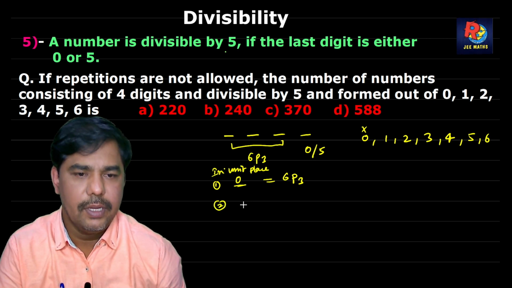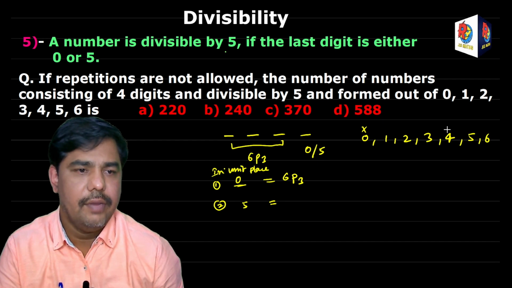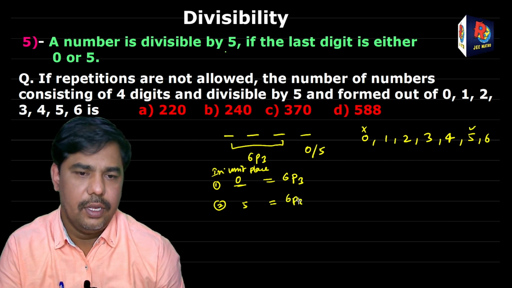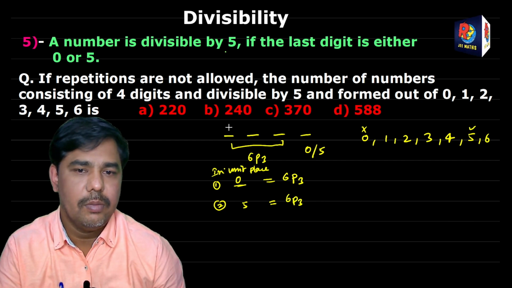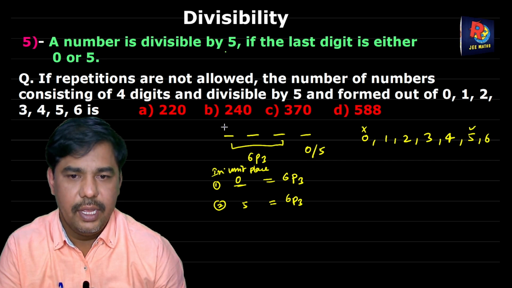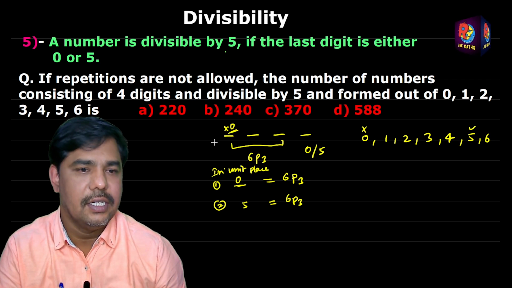Second, if I take 5 in the unit place, then again the remaining is 6P3, but you need to observe that in the fourth place, if I take 0, then it will be a 3-digit number.